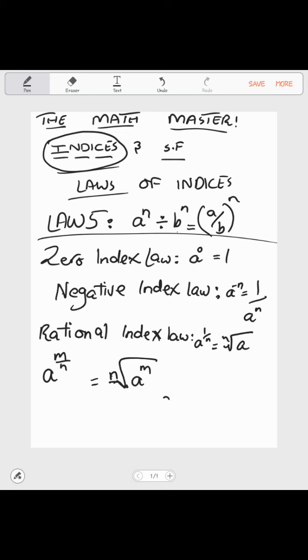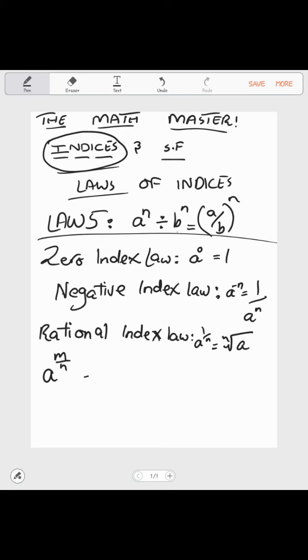Simple as that. A power m, divided by n, gives you a power m upon n, same thing. We just replaced this one with an m over here. It's just that, nothing more.